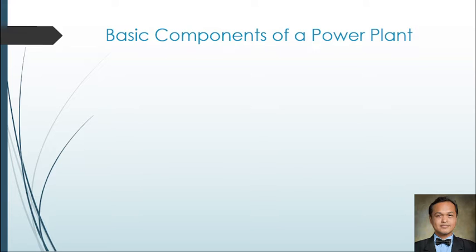The basic components are the components that you might see in a power plant, though in different configurations. I'll show you the basics to give you a better view of what you can see inside a power plant.